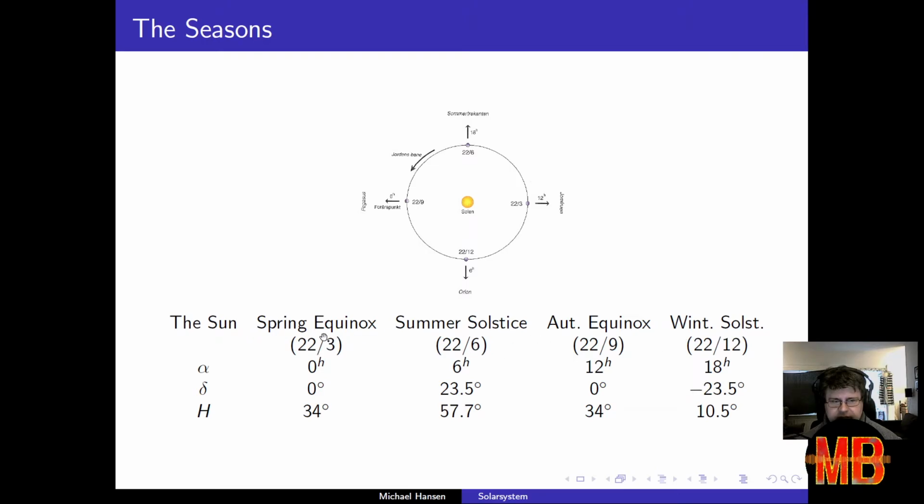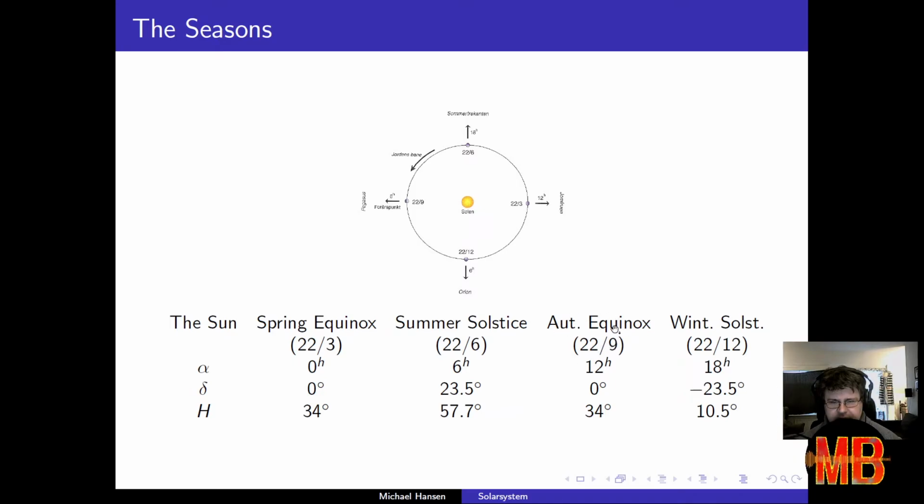equinoxes and solstices. Like I said, we define the right ascension and declination from the spring equinox, which we have here, which is on the 22nd of March. Here we set it to 12 hours, 0 hours, and 0 degrees. At the summer solstice, on the 22nd of June, we set the right ascension to 6 hours and the declination to 23.5.